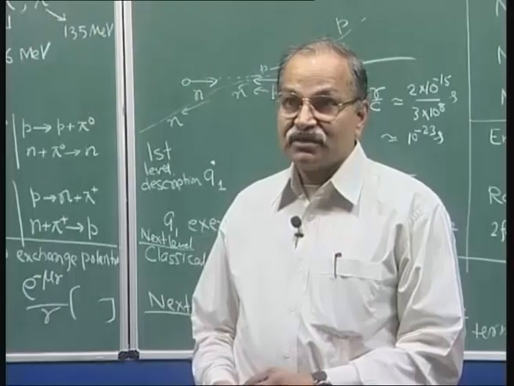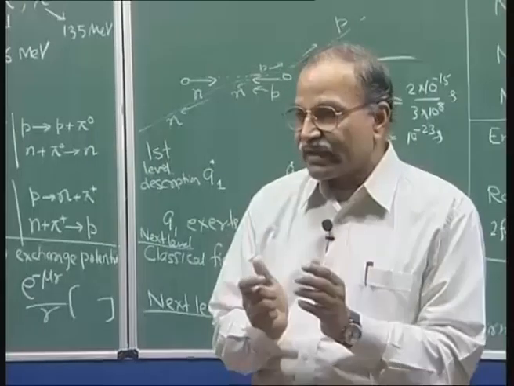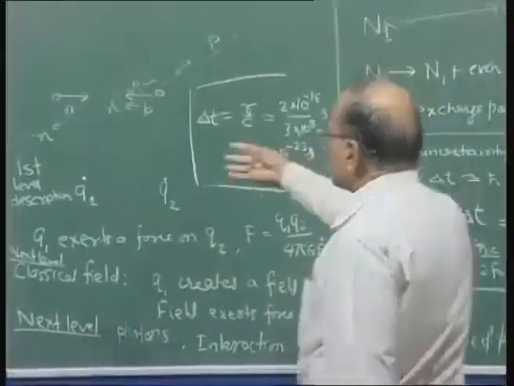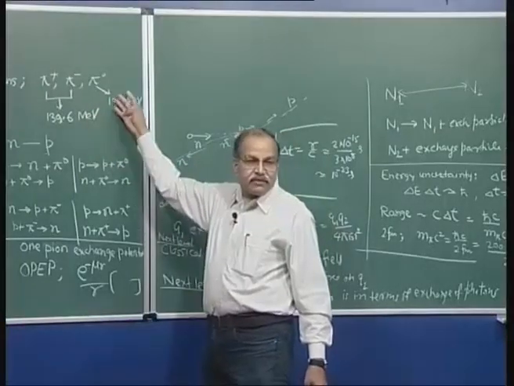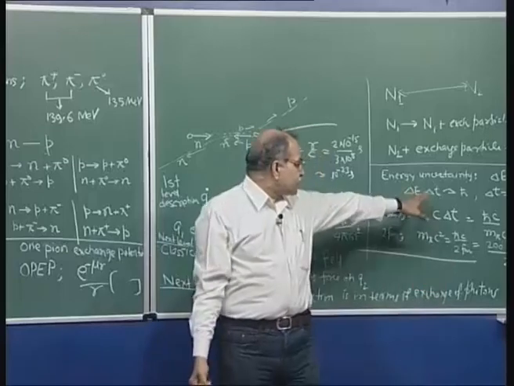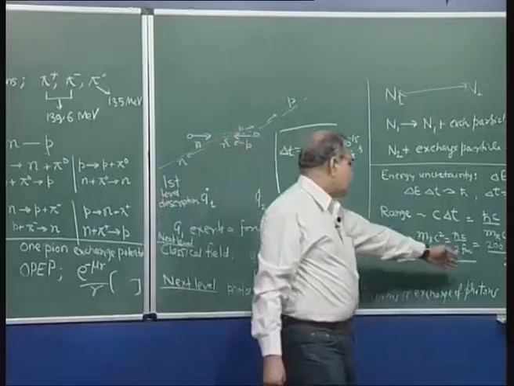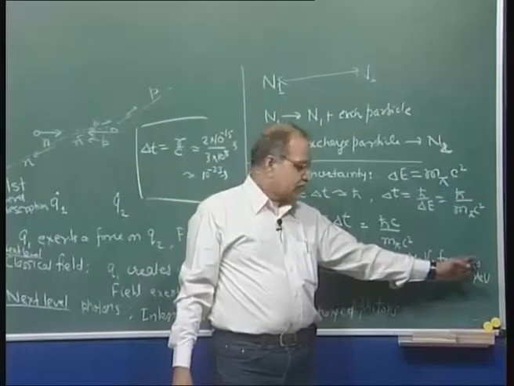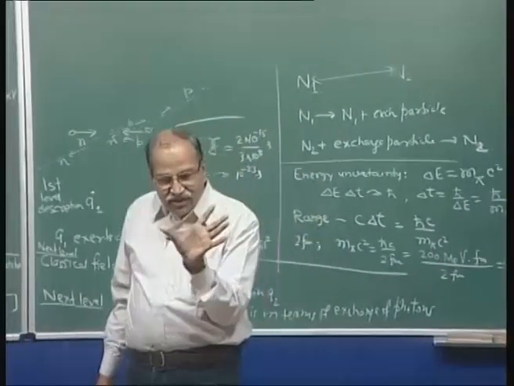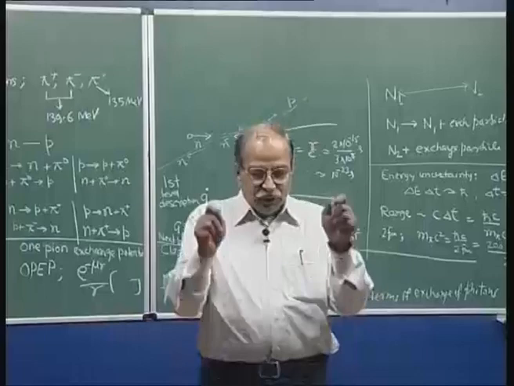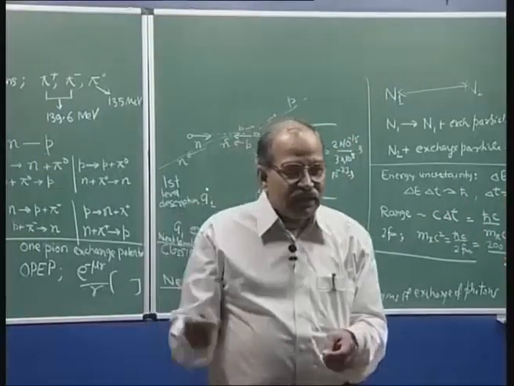You have different branches or different zones of nuclear interactions. Here, with this kind of energy of pions, around 135, 140 mega electron volt, you will have a certain range, which will come out around 2 femtometer, a little less than that. So, in this range, which you can say is the nuclear range, this works well.